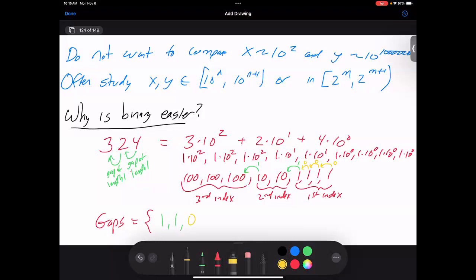So we have 3 zeros. Do you see how we have 3 gaps of length 0 from the first indices? And then the fourth one gives us the gap of length 1 when we go to the second index.